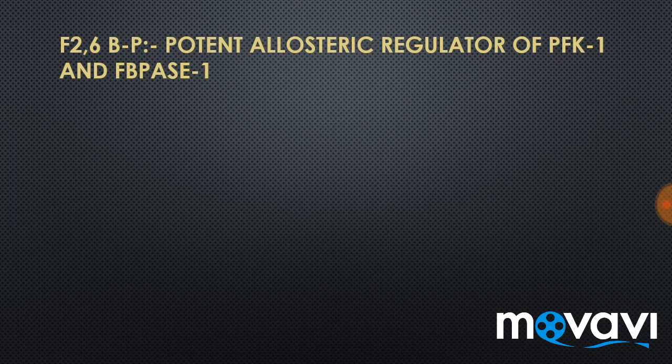It is fructose 2,6-bisphosphate. This is a potent allosteric regulator of PFK1 and FBPase1. Please emphasize the numbering of these enzymes, because you are going to see other variants of these enzymes too.